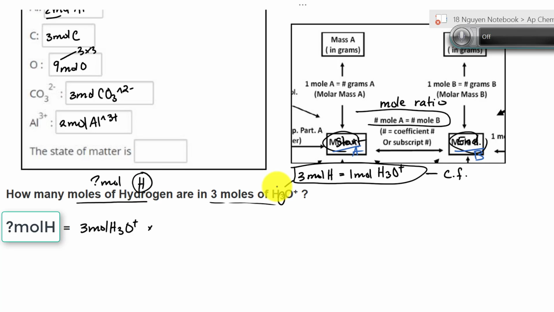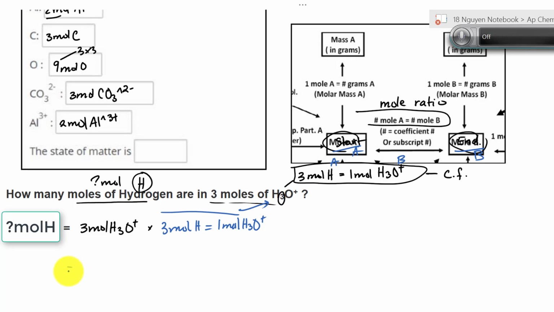That's the reason why we have A and B. So if we look at the conversion factor, this would be A and this would be B. It doesn't really matter as long as one letter is assigned to another. In this case, we multiply by that conversion factor. We have 3 moles of H equal to 1 mole of H3O plus. And that is all coming from this chemical formula, okay?